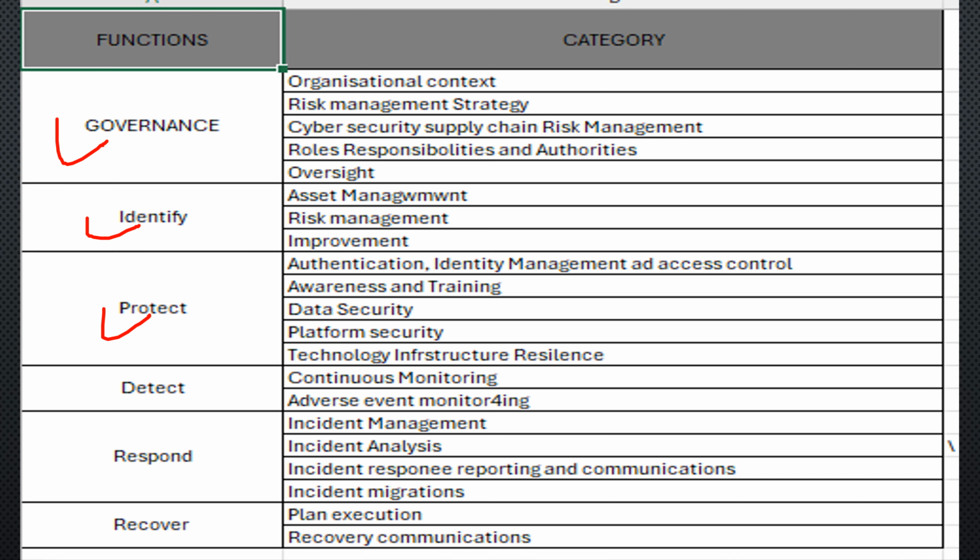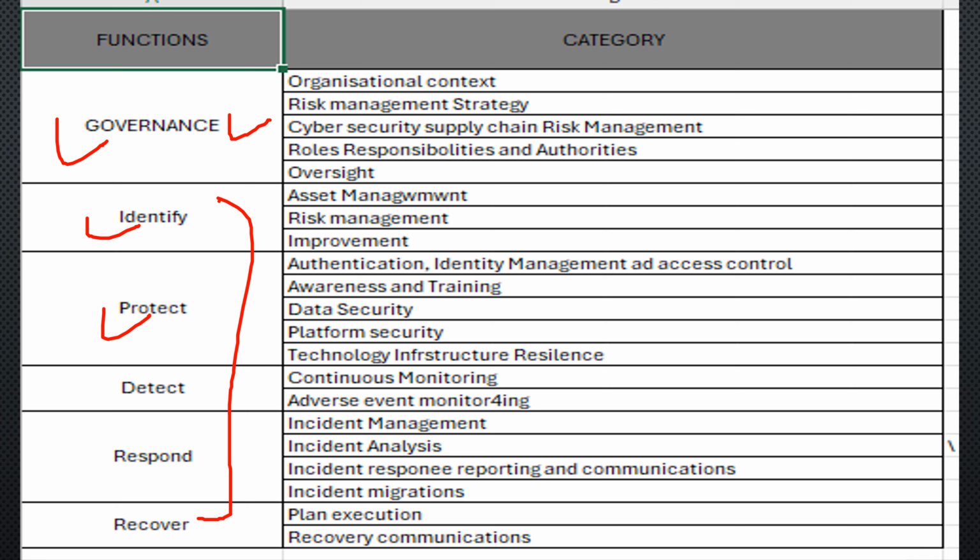Let's discuss what the governance part is, what it means, and how many subcontrols are under governance. The role of governance is to manage the rest of the parts, identify, protect, all these parts. Governance is just to manage all these parts.